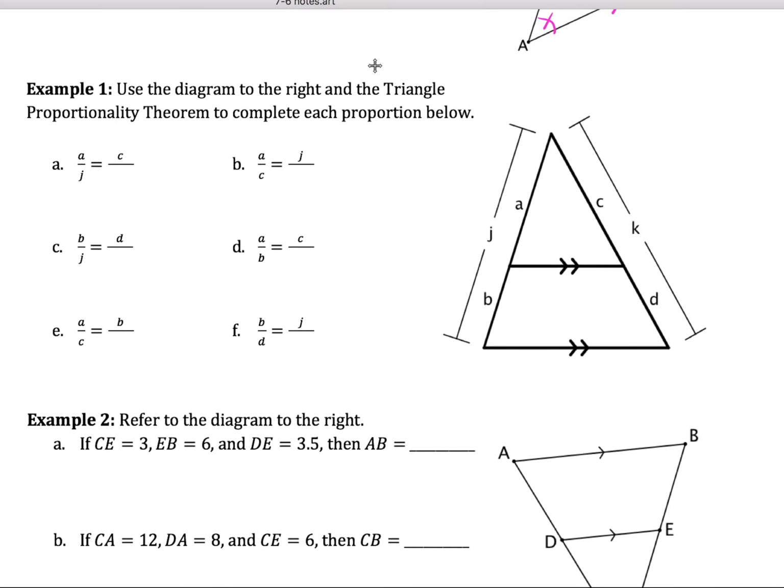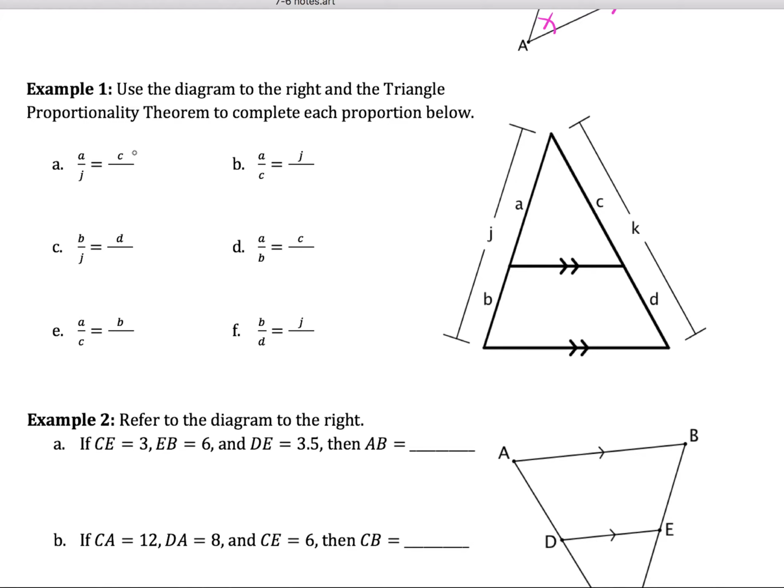Let's look at example 1 right here, where we have a triangle with a segment that is intersecting two sides of the triangle and is parallel to the third. And as we would know, there are going to be some proportions that would result from this situation. So I've got 6 proportions over here that I want to fill in a missing term for, just using this idea of the triangle proportionality theorem.